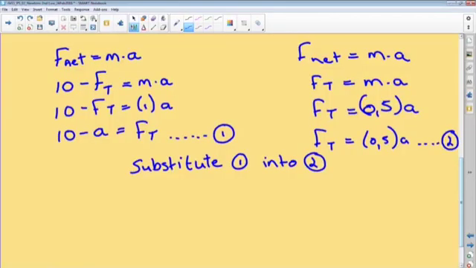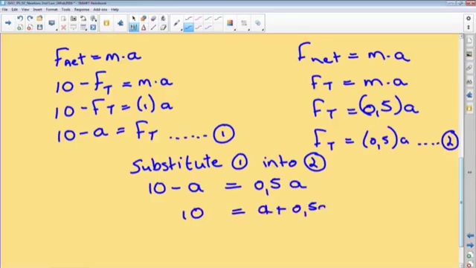So I'm substituting 1 into 2. That means I'm going to write 10 minus A is equal to 0.5A. I want to collect like terms, so I'm going to have 10 is equal to 1A plus 0.5A.